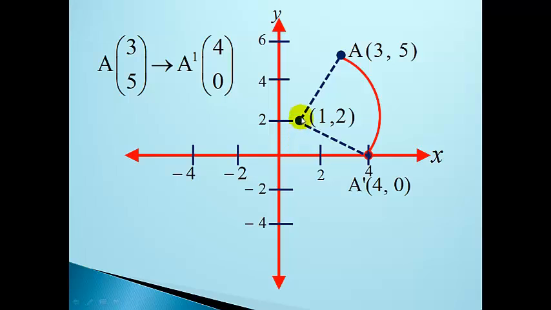Now we are rotating the point A (3, 5) about the point (1, 2) through 90 degrees clockwise, and so we have (4, 0), that is 4 on the x-axis. So A prime is (4, 0), and we can see that about the point (1, 2), the angle here is 90 degrees as shown.